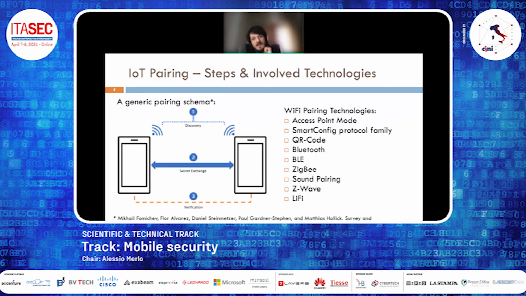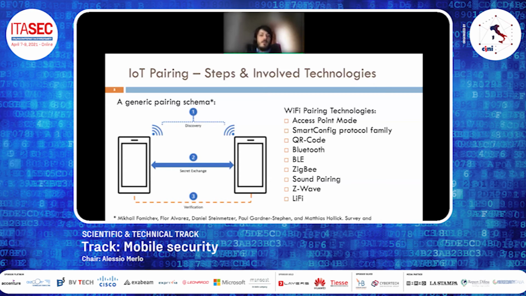Among the existing pairing schemas, we're interested in those that pair an IoT device to a Wi-Fi network. Note that the image on the left is just a basic schema. However, in a typical IoT scenario, you can find multiple instances of this schema.